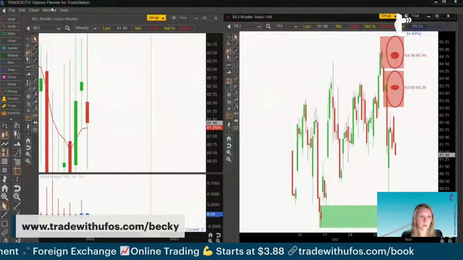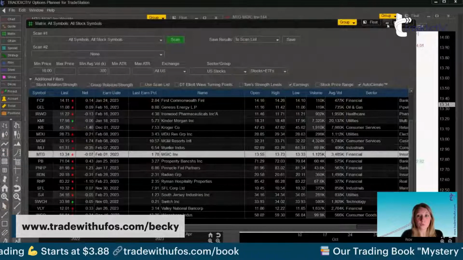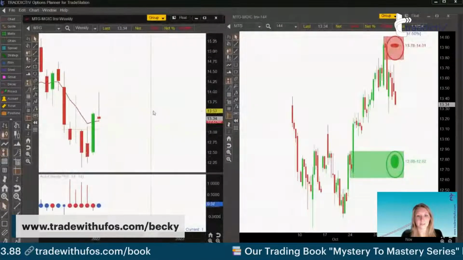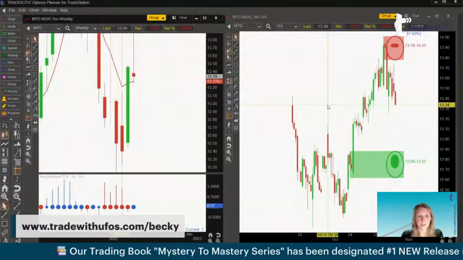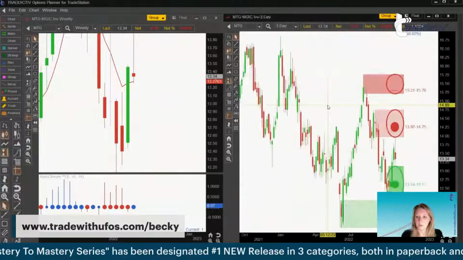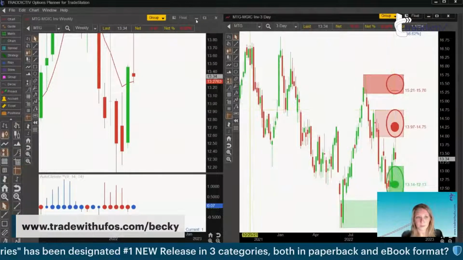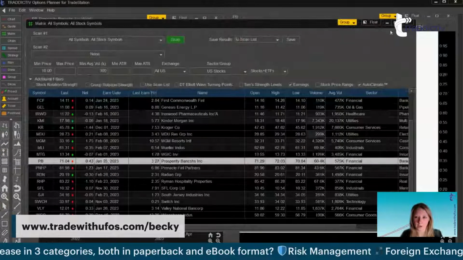The stricter you are, i.e. the more rules you have or the more criteria it needs to fit, or the better the criteria it needs to fit, the fewer trading opportunities you're going to have. But in theory, you're going to have a higher rate of being right. So you're going to be more likely to have a profitable trade.